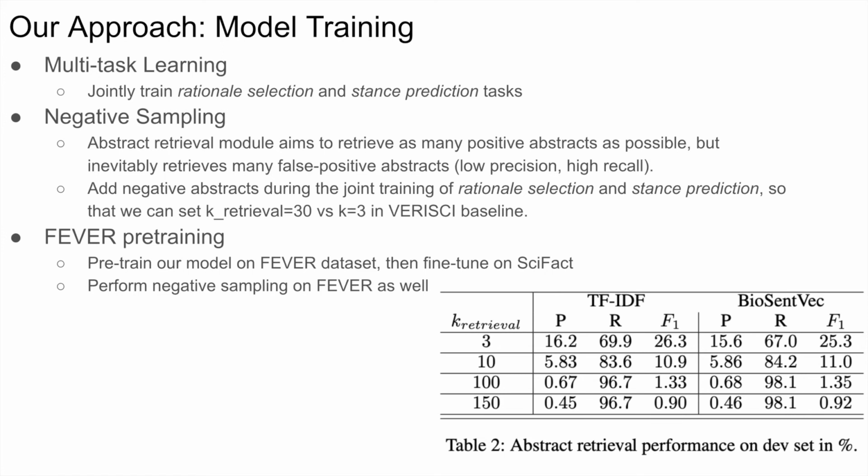As a result, we have to sample more negative examples during the model training to counteract the effect of low precision. As suggested by VeriSci, we also pre-train our model on the FEVER dataset, which is a much larger fact verification dataset based on Wikipedia. Then we fine-tune on SciFact. We perform negative sampling on FEVER as well.